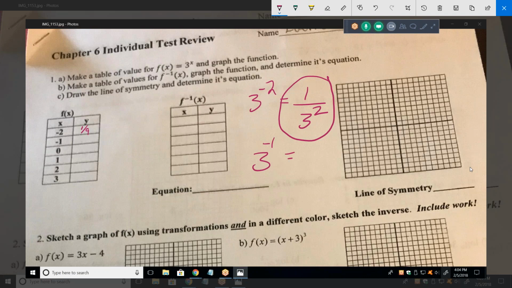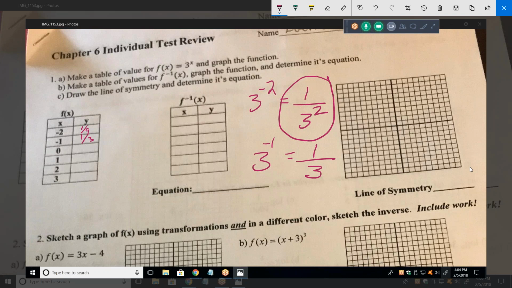What's the first step? Take away the negative exponent. How do you get rid of the negative exponent? Move it down. Okay, so what is it? So 1 over 3 to the 1? Correct, which is 1/3. Oh, okay.